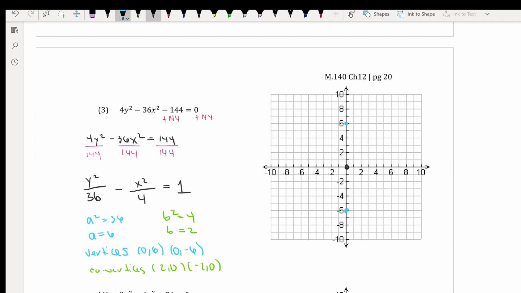I also have my co-vertices along the x-axis, where it's 2, 0, and negative 2, 0.